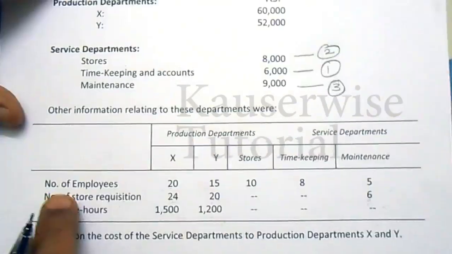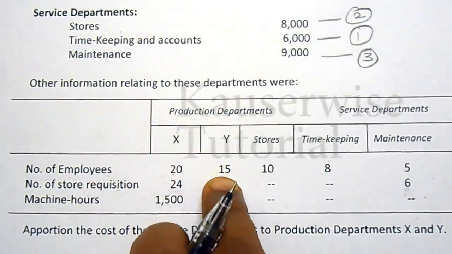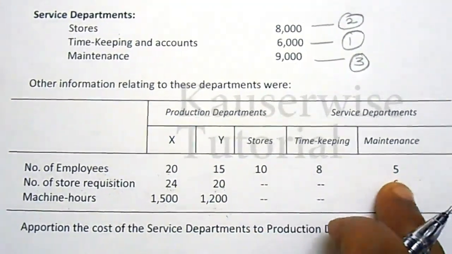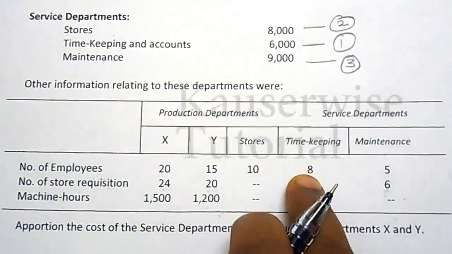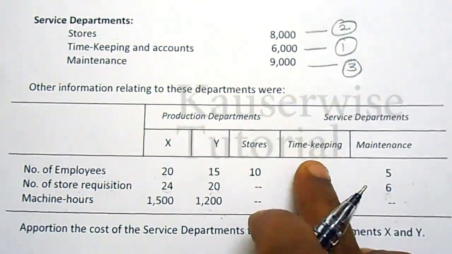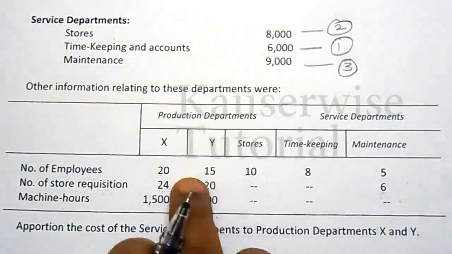Look at the problem. Number of employees: for X 20, for Y 15, for stores 10, for timekeeping 8, for maintenance 5. You have to take only the other departments except timekeeping, because we are going to redistribute the timekeeping department's overheads to all other departments.